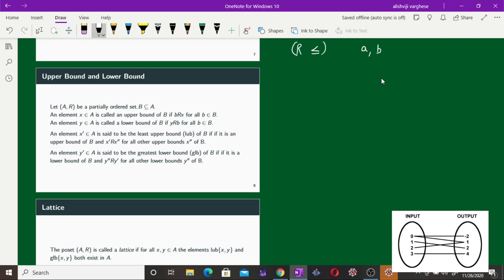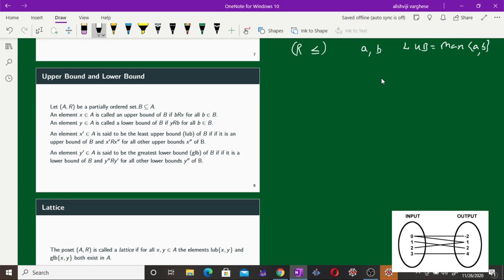If we are looking for the upper bounds, then any element in the real number system which is greater than a and b is an upper bound. Then the least upper bound is nothing but the maximum of a and b.